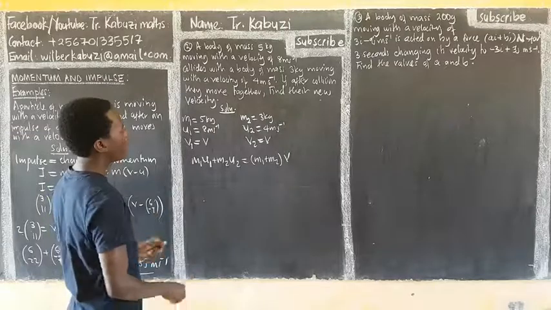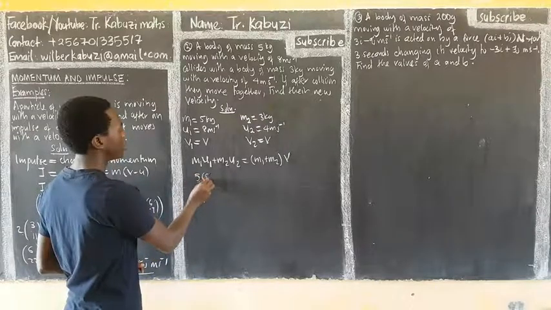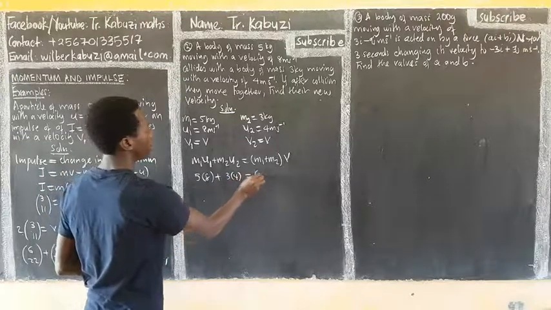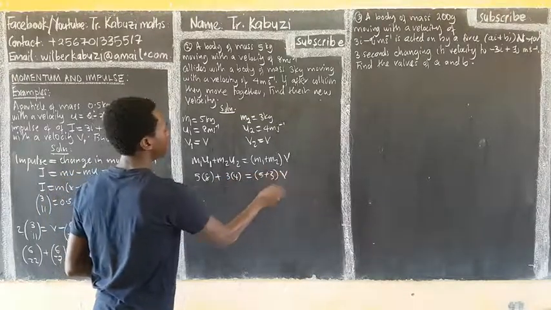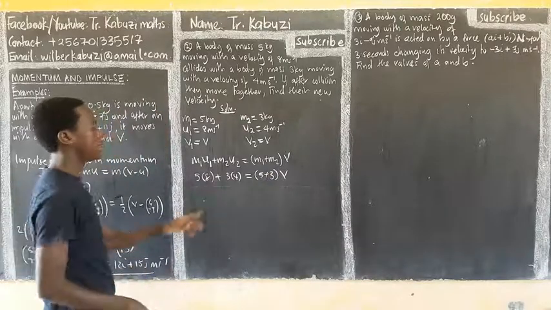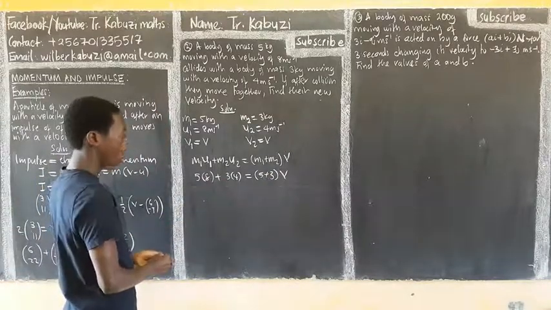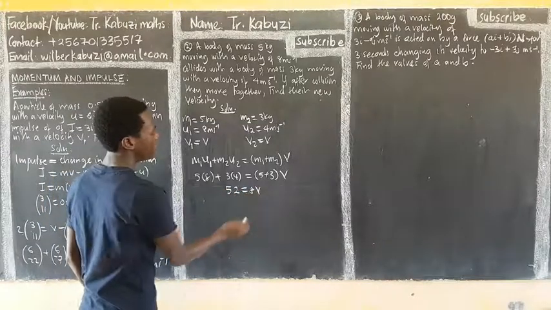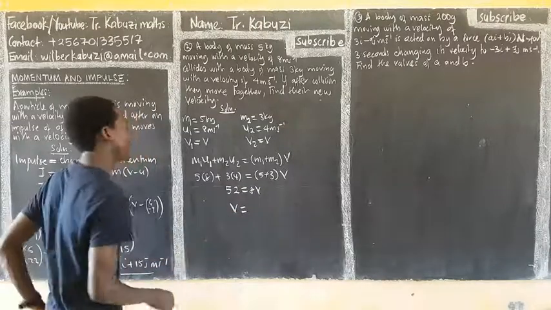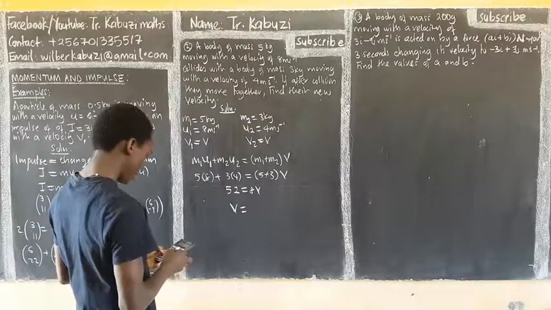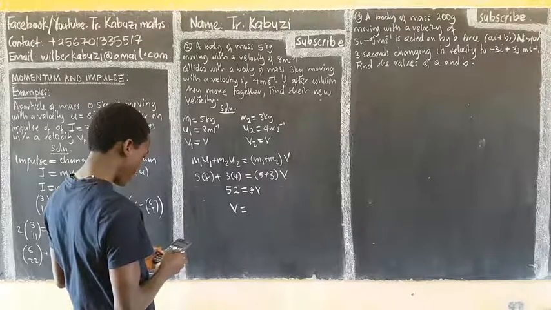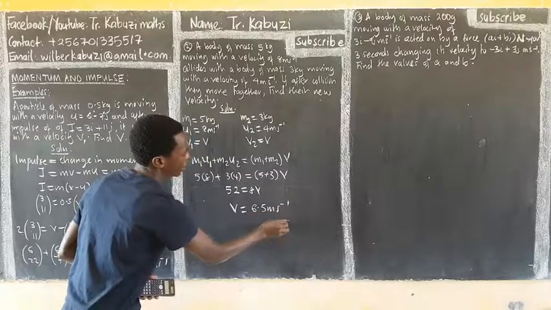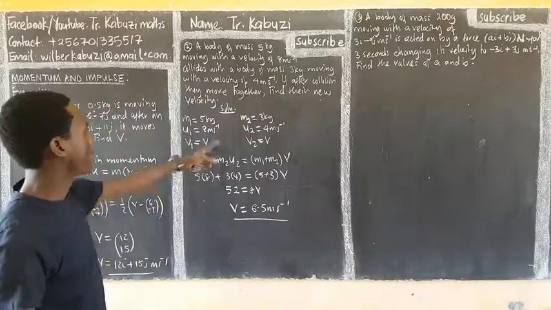We have 5 into 8 plus 3 into 4 equal to (5 plus 3) into v. This is 40 plus 12, which gives us 52 equal to 8v. So v is 52 divided by 8, which is 6.5 meters per second.